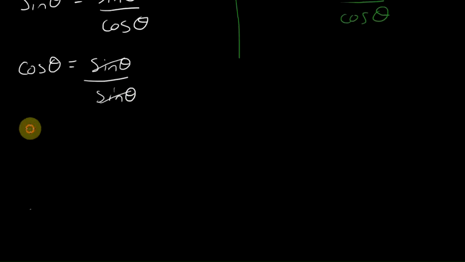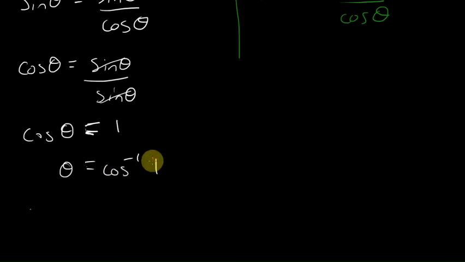But we'll see what we get. It's all about building up experience of these things, really. Theta will equal cos minus 1 of 1, which, if I plug that into my calculator, theta equals 0.